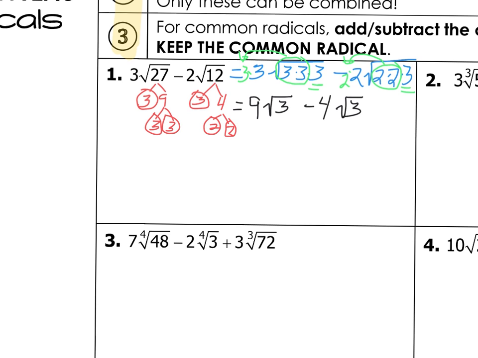So these are like radicals. So all I have to do is take the 9 and subtract the 4 and then tack on that radical. So I have 9 radical 3's and I'm subtracting 4 radical 3's. So how many radical 3's do I have all together? I have 5 radical 3's. And this is my final answer for that one.